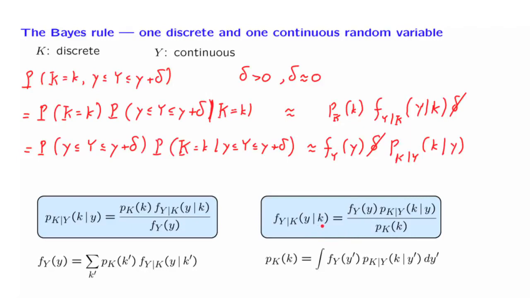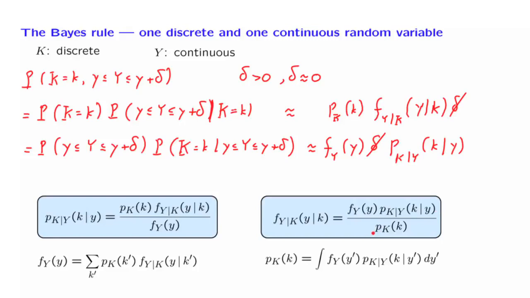If we fix the value of k, this is a density, and therefore it must integrate to 1. So the integral of this ratio with respect to y has to be equal to 1.